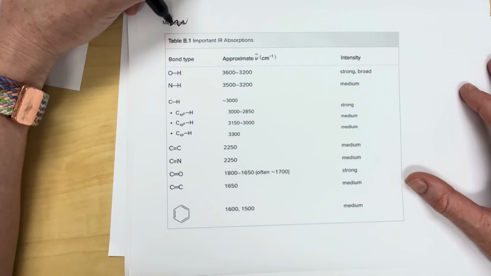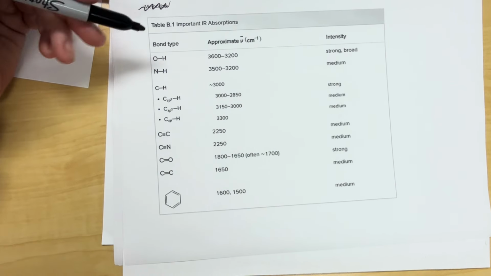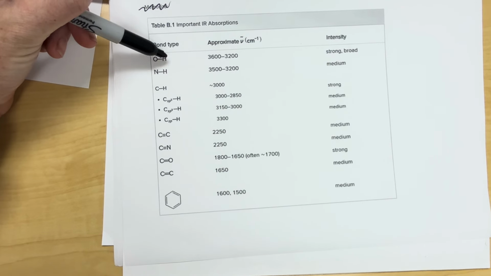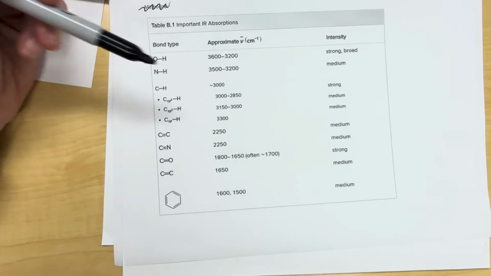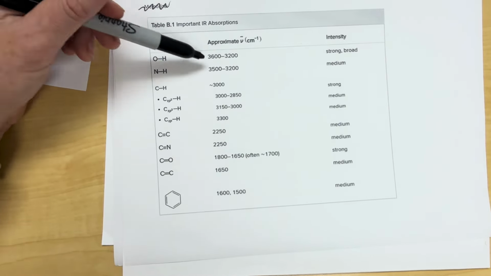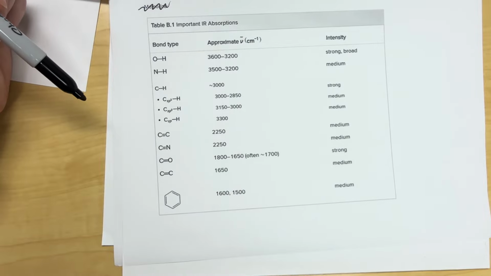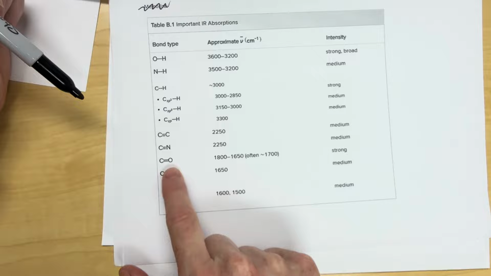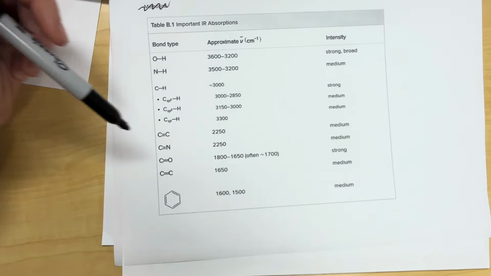I said memorize. Congratulations, I don't care. The main things that you're going to want to notice is the OH. Again, that's that really broad stretch we looked at. So if a molecule has OH, it'll do this. It'll have an area from here to here, and it talks about the intensity. It's got a C double bond O or C double bond C. You can see how they all kind of relate.